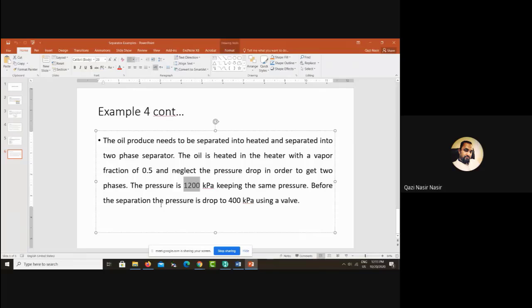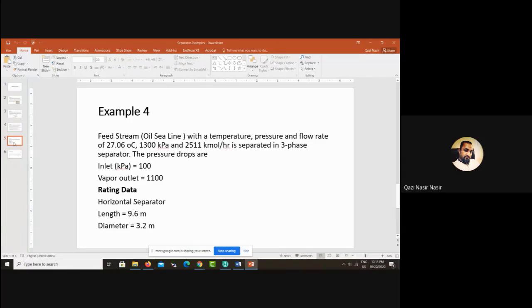You need to use the same pressure in the heater. When it is leaving the heater, the pressure is 1200 kilopascal. This pressure has to be decreased to 400 kilopascal using a valve. After this, you will do the two-phase separation. So I will do it one by one, then you will understand what I mean by this.